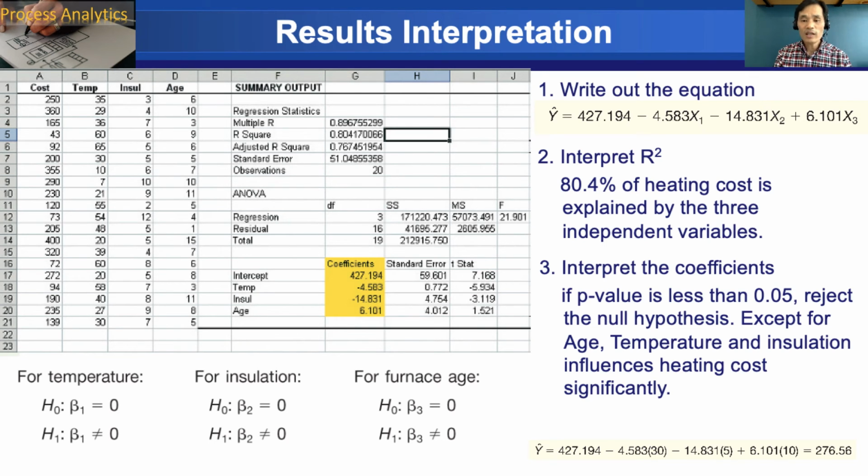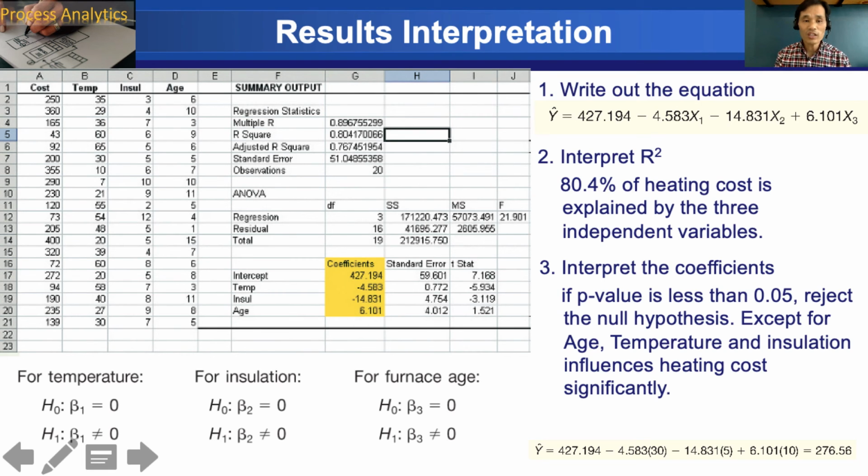Now look at the sign of the coefficient. We see that temperature is negative 4.5. This means that temperature has a negative impact on heating cost. The higher the temperature is, the lower the heating cost is. It makes sense, right? How about insulation? Insulation also has a negative sign there, negative 14.8.